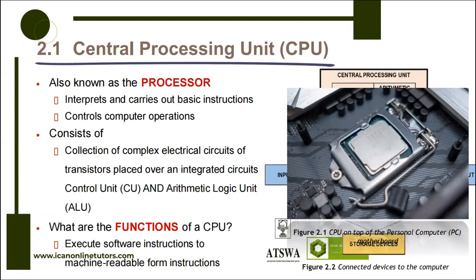For a computer, instructions are just step-by-step processes that are being sent to the computer, or step-by-step tasks that are being given to a computer. And all these are referred to as instructions.